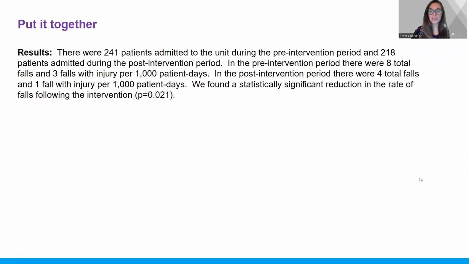So here you'll see these are just the sentences from the previous slide summed together in a single results section. Usually the results section or the findings section is only one section. There's no additional subheadings typically. And it also tends to be a pretty short section, as you can see, because we're only giving the facts of our analysis.